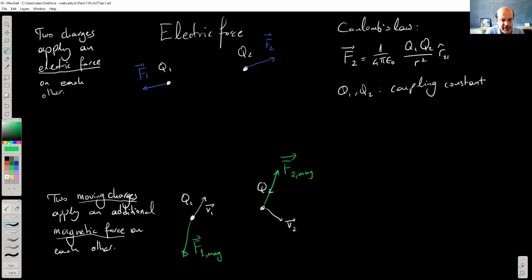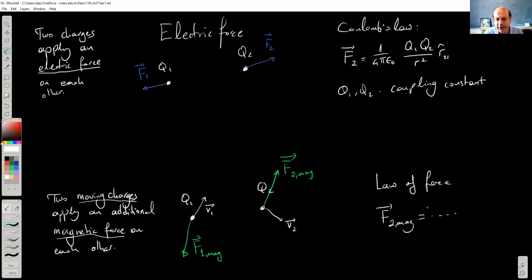Then the question is, what is the corresponding Coulomb's law for this case? What's the law of force? How can I write down the magnetic force applied on the charge Q2, for example? You can see that the charges will be in this expression, because if there are no charges, there won't be any electric or magnetic force.